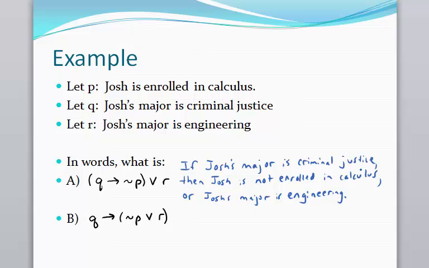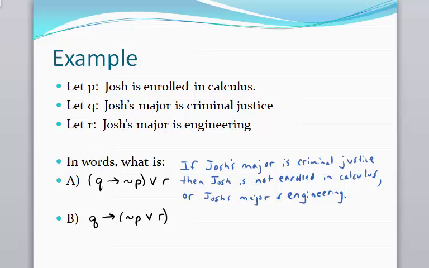And note the placement of the comma because it's important. Our answer is, if Josh's major is criminal justice, then Josh is not enrolled in calculus. That takes care of the parenthesis.